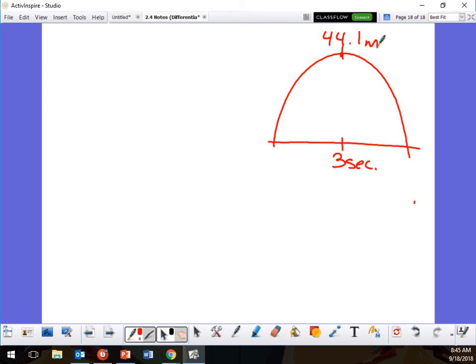So it went up 44.1 meters. And how much does it go down? Same amount, isn't it? Since it goes up 44.1 meters, it also has to go down 44.1 meters. So my total distance traveled is 88.2 meters.